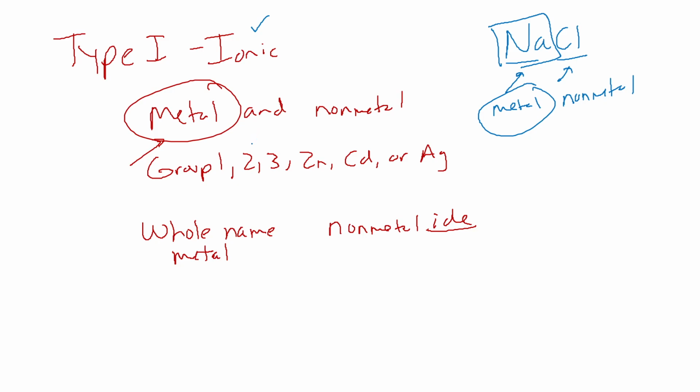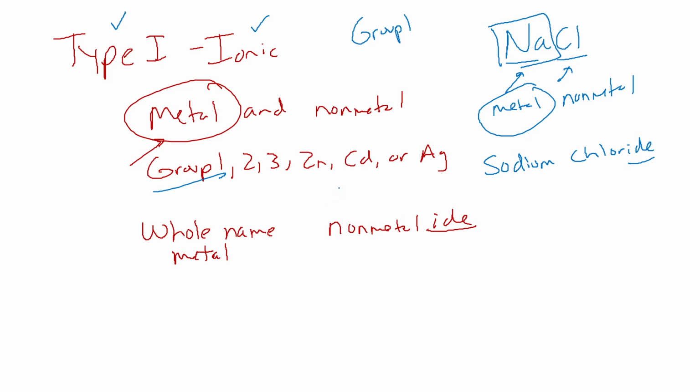I look at the metal, that's sodium, that's group 1. Group 1 tells me it's a type 1, which means I'm done looking. All I have to do now is write what is there. So Na is sodium. We're going to use the whole name of it. And chlorine gets the IDE treatment, and we get sodium chloride.